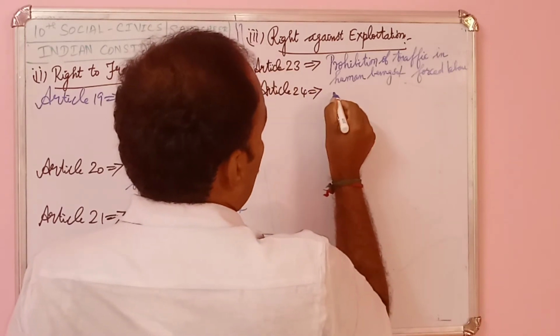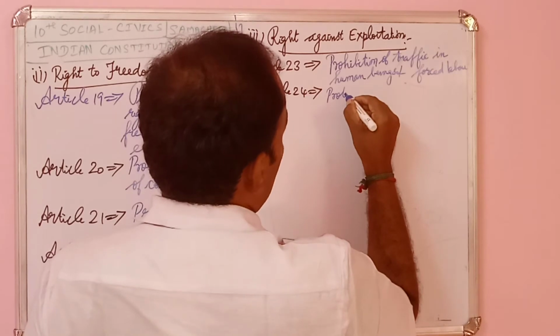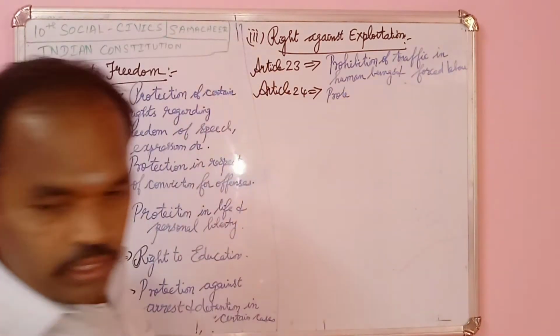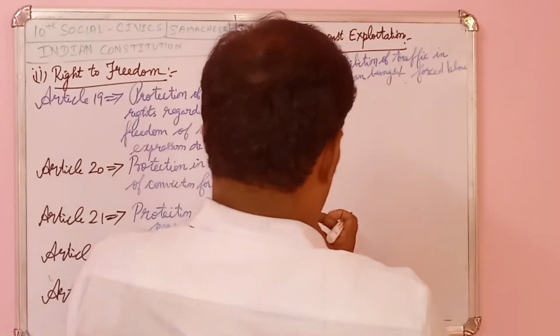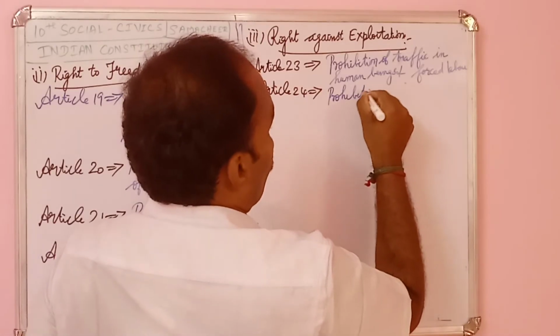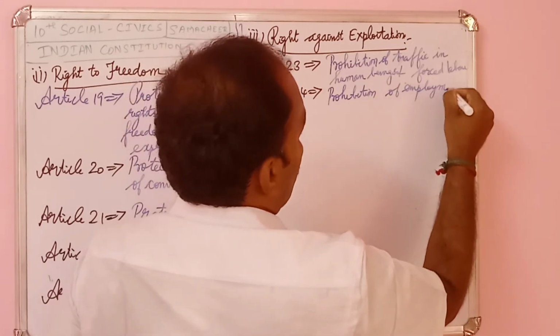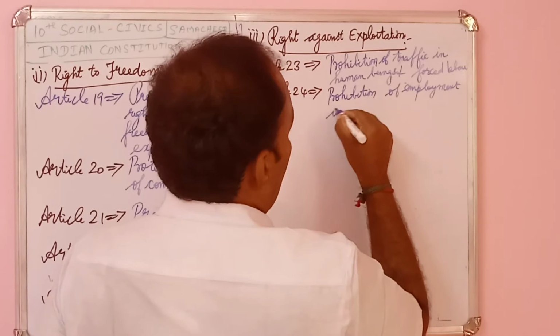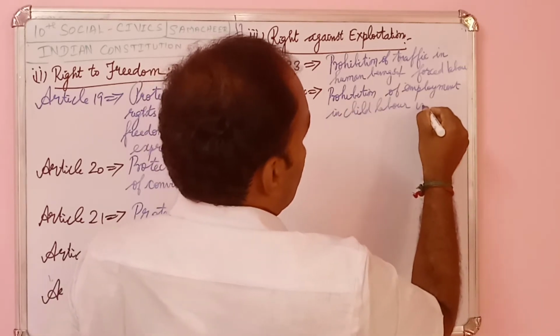Article 24 is prohibition of employment of child labor in factories.